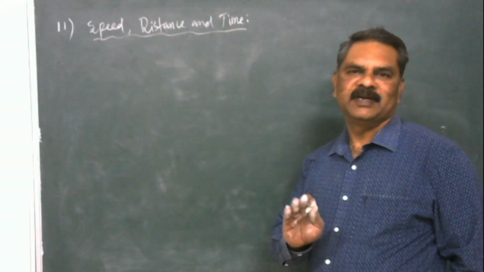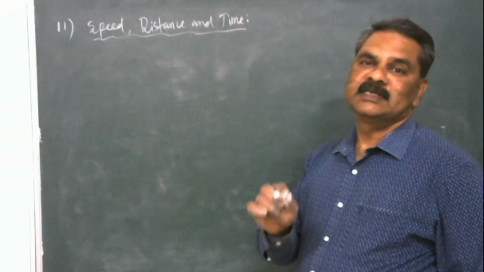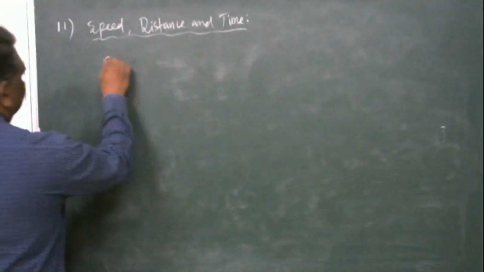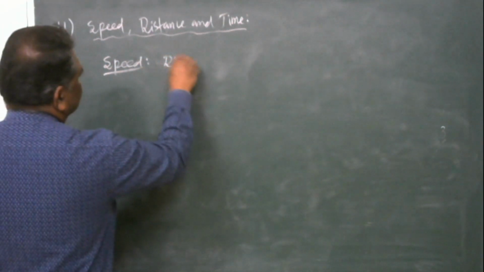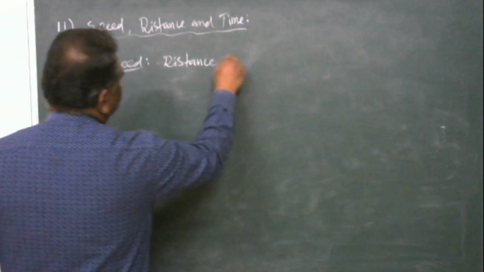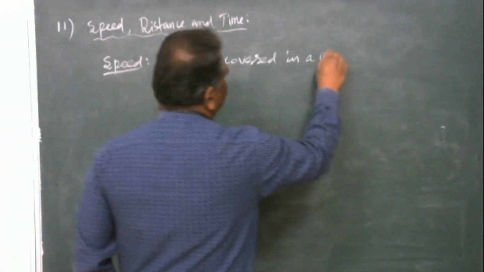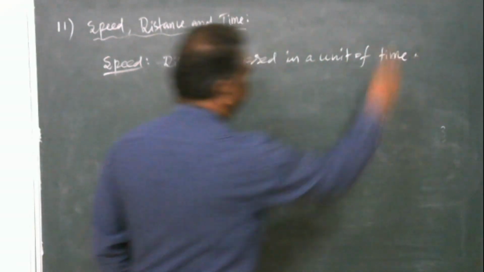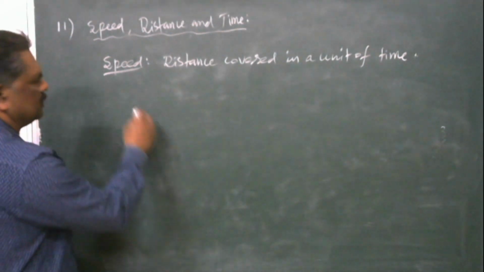Distance is not a speed, but if the distance is covered in a unit of time, then the same distance will be called speed. So, what is speed? Distance covered in a unit of time is called speed.